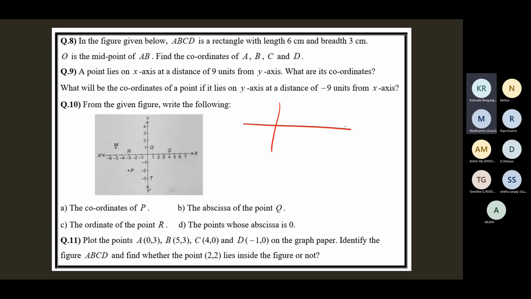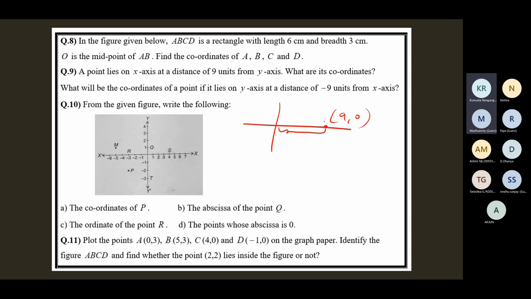Okay, the first one is a point that lies on the x-axis at a distance of 9 units from the y-axis. If the distance is 9 units from the y-axis, that is the x-coordinate.